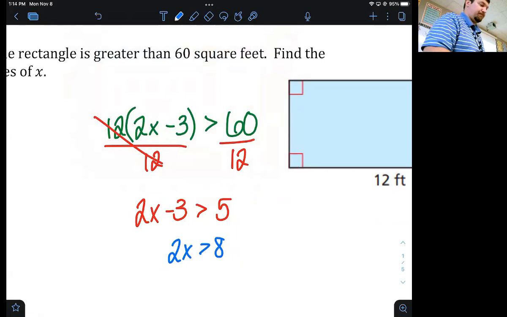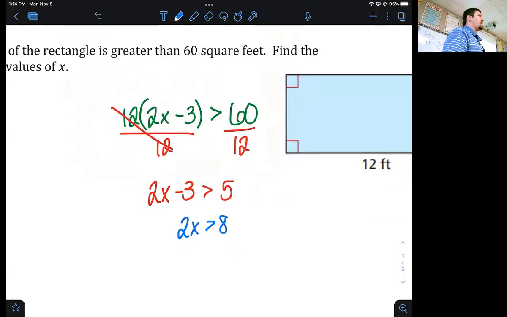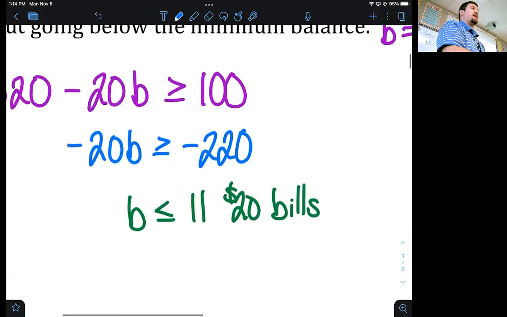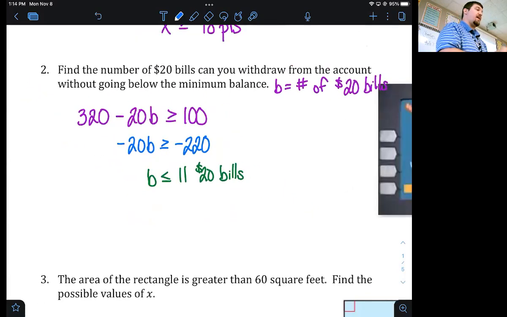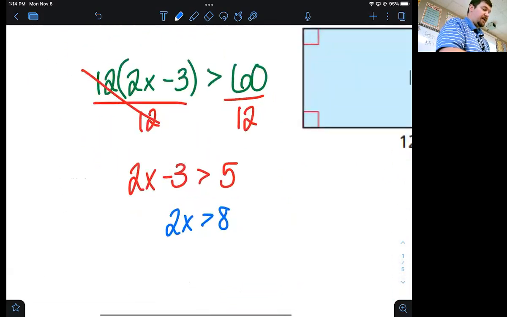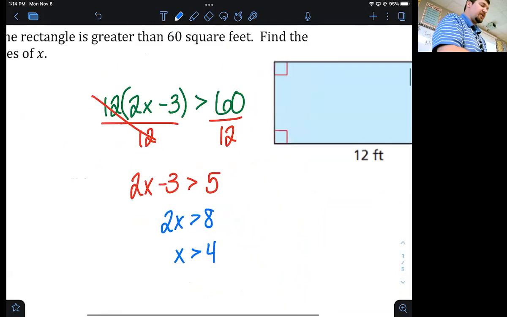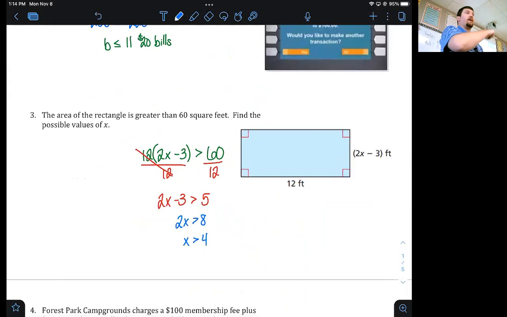Garrett, what is it? Do I have to flip the sign when I divide by 2? No, only the negatives. So far we've only had to flip the sign once, and it was because we divided by negative 20. So it's only when I'm multiplying or dividing by a negative number that I have to do that, not every time. Garrett, what's 8 divided by 2? So if X is greater than 4, my area will be greater than 60.